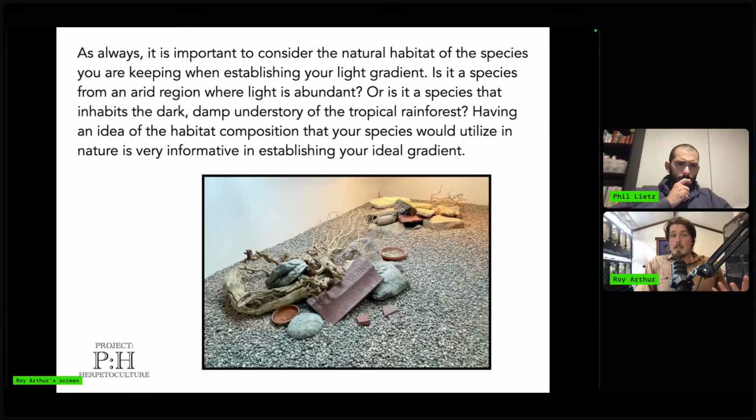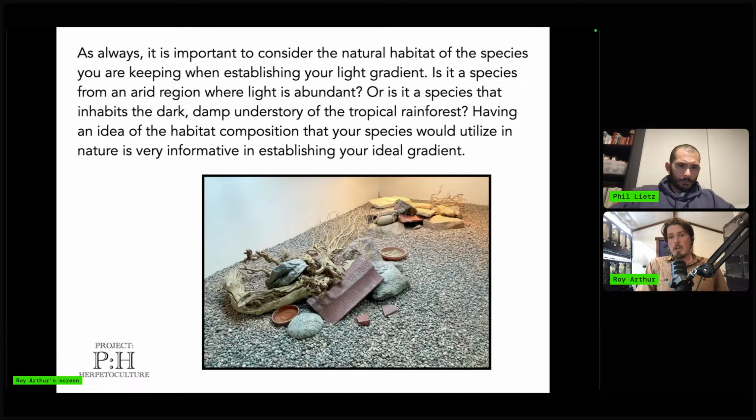So, as always, it is important to consider the natural habitat of the species you are keeping when establishing your light gradient. Is it a species from an arid region where light is abundant, or is it a species that inhabits the dark, damp understory of the tropical rainforest where light is a really precious, rare resource? Having an idea of the microhabitat composition that your species would utilize in nature is very informative in establishing your ideal gradient.